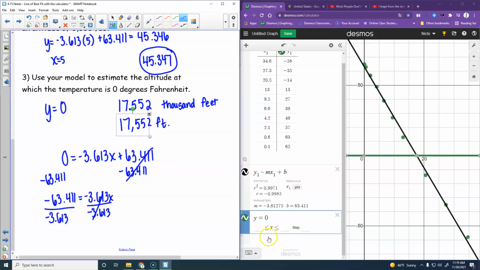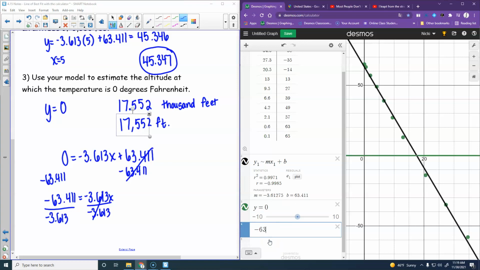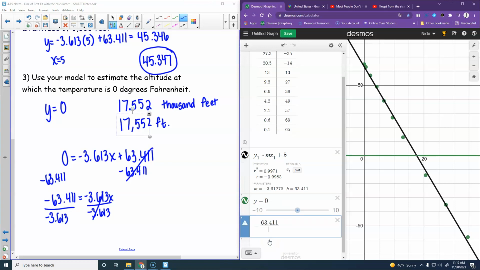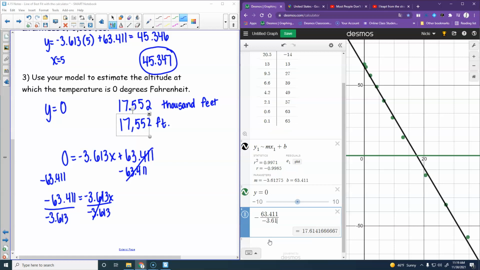And so whenever we do that, this time we would get 17.551. So you'd be off by 1 foot because of the round in there, but that's going to be okay for our purposes here. Now, there are times where you would not want to round that much because even tiny, tiny amounts could cause a major issue there.